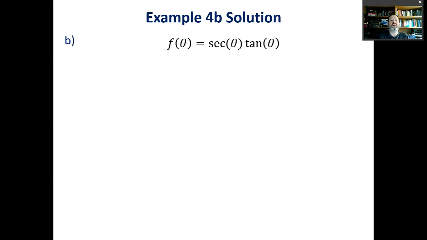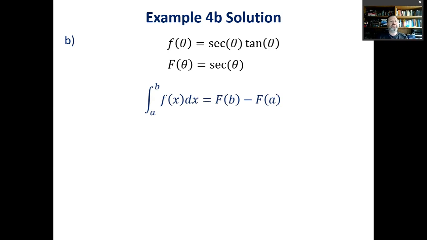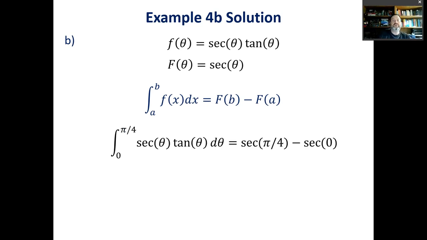So here our function is secant theta tangent theta. So the antiderivative is just secant theta. Make sure you note that you don't need the plus c. You're allowed to put it there if you want. I'm just telling you you don't need it. So now we use the formula. So the definite integral from a to b f of x dx. Well, here these are thetas. Again, the variable doesn't matter. So we just plug in thetas.